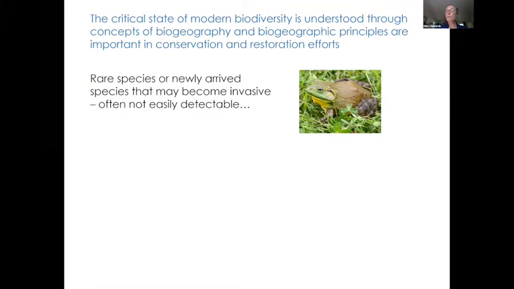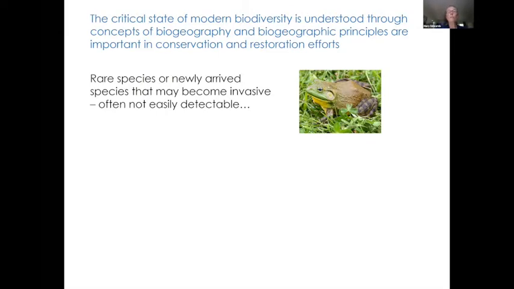And much of what we understand about the changes and the mechanisms of biodiversity loss come from concepts of biogeography. And nowadays, many of those concepts are also very important in attempts at conservation and restoration, such as fragmentation theory, corridor theory, and so on.